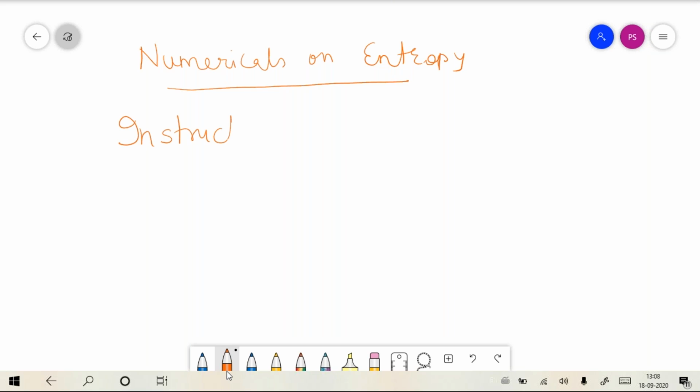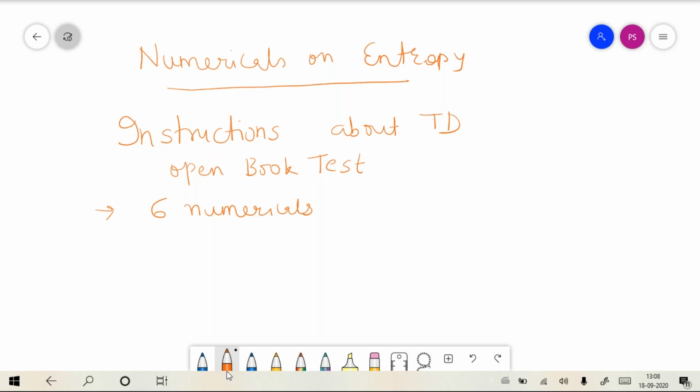Before that, let me give you instructions about the open book test. I'm just giving you the instructions before I start the test. We will be having 5 numericals, 6 marks each, approximately.